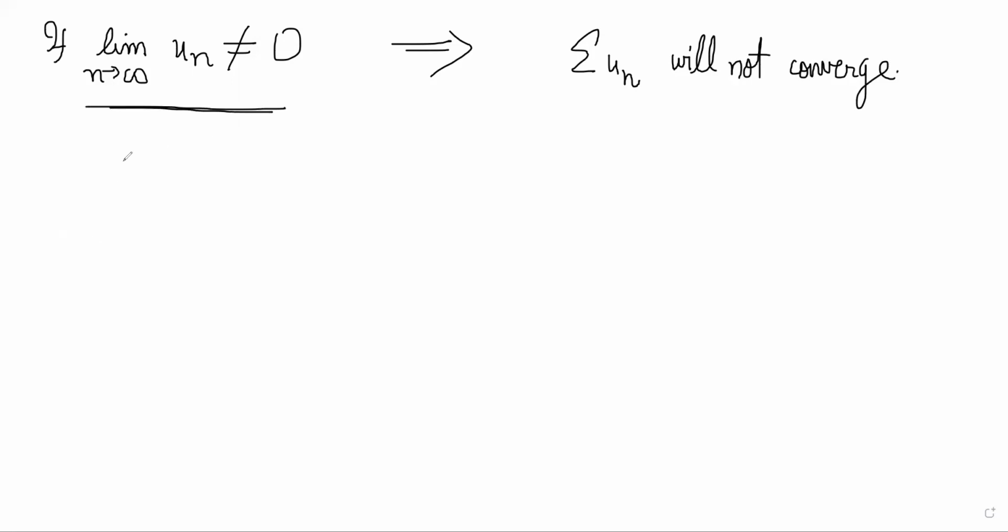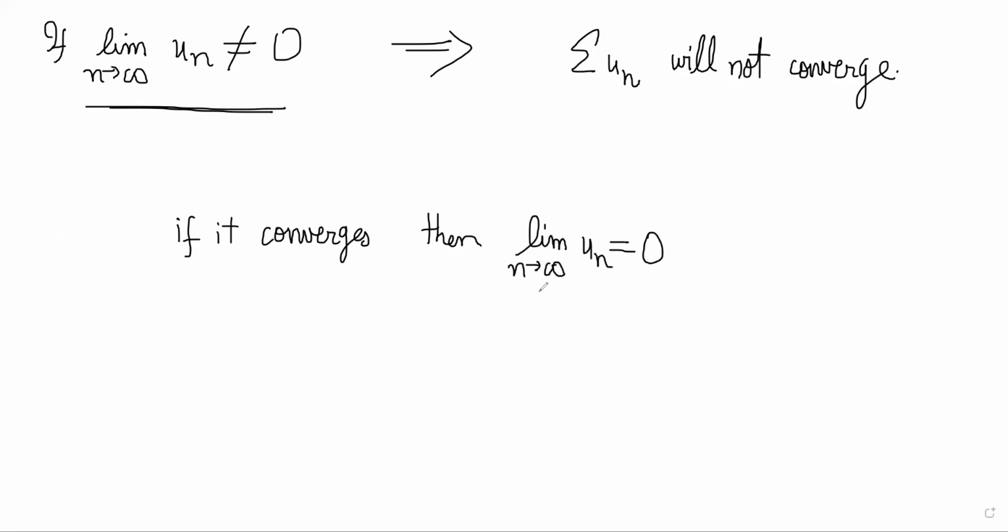The statement of the theorem says that if it converges, then the limit is 0. So if the limit is not 0, then can it converge?